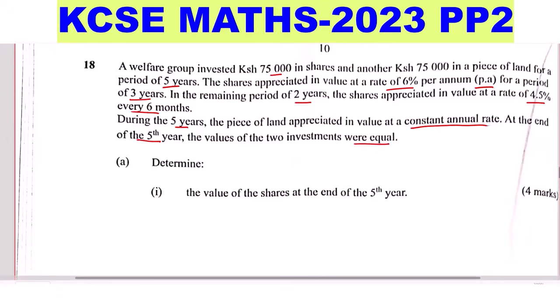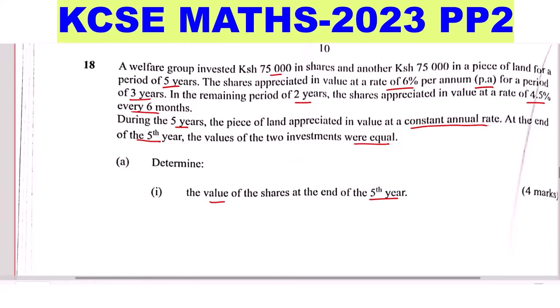Part A, determine 1. The value of the shares at the end of the 5 years, or at the end of the 5th year. So the amount that was invested was 75,000.